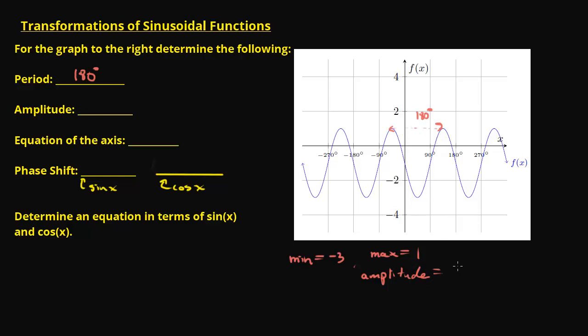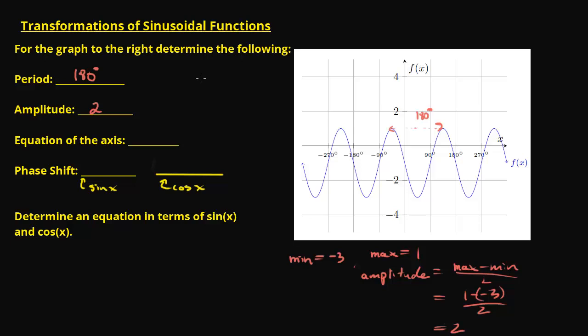That's the maximum minus the minimum, divided by 2, which is 1 minus -3, divided by 2, which is equal to 2. If you think about it, that's really just the distance from the equation of the axis to the maximum, or from the equation of the axis to the minimum. It should be the same. If you could have figured that out just by looking at the graph, I would encourage you to do that. So the amplitude is 2 units.